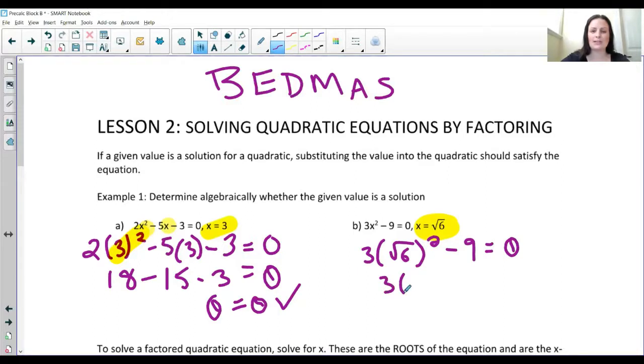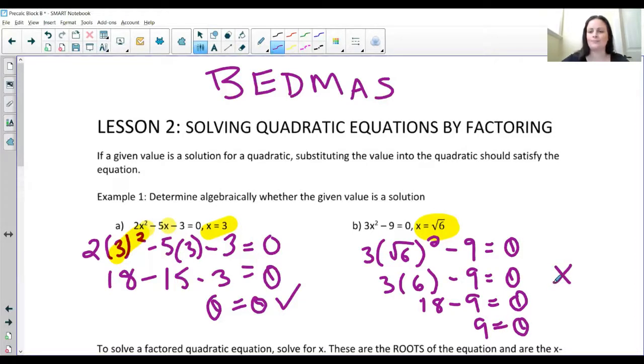So root 6 squared, or the square root of 6 squared, is just 6. 6 times 3 is 18. 18 minus 9 is not 0. So that means x equaling root 6 is not a solution.